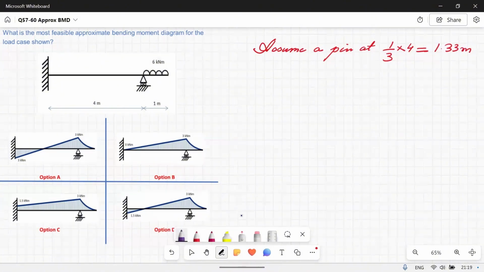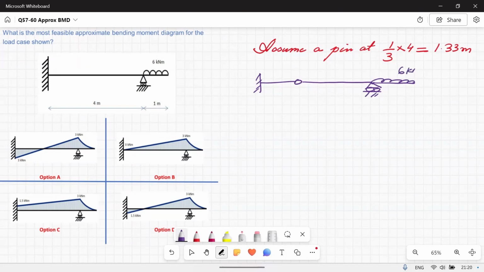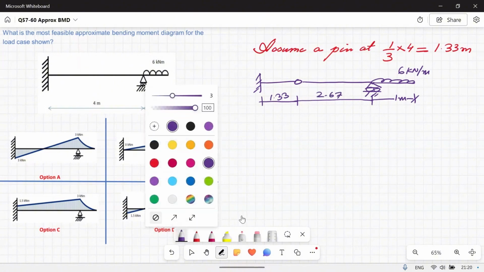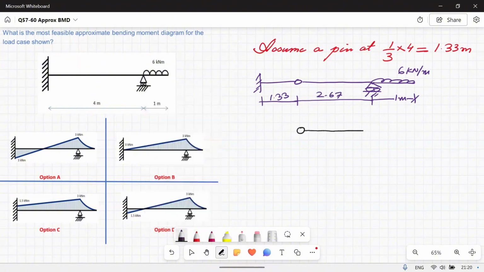Let me draw the shape now. I have a roller over here. At the end I have a UDL of 6 kilonewton per meter, and this is 1 meter, and now this distance will be 1.33, and this is 2.67. Everything is in meters, and then I will isolate it into right span, with 6 kilonewton per meter.